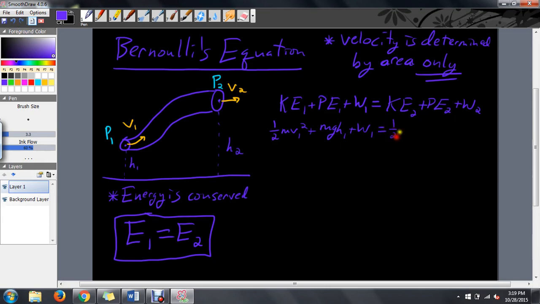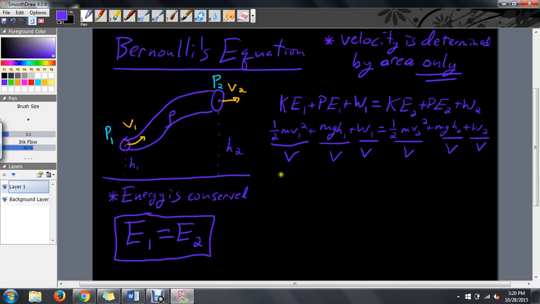And we're going to write the same for point 2. Remember, we're dealing with a fluid. And since we're dealing with a fluid, it is described by its density. Density is mass over volume, so we want to divide everything by volume, and since we have to divide one thing by volume, we have to do it, of course, because of math, to everything, so that the equation stays balanced.